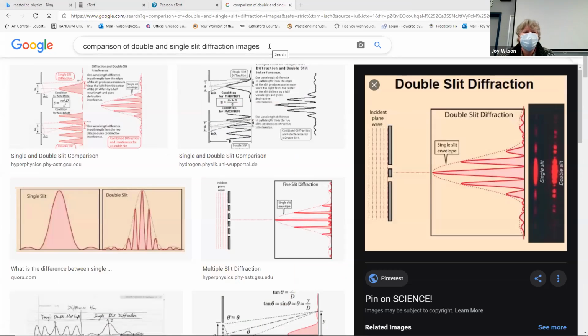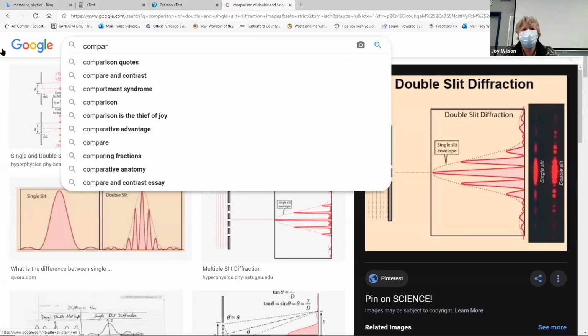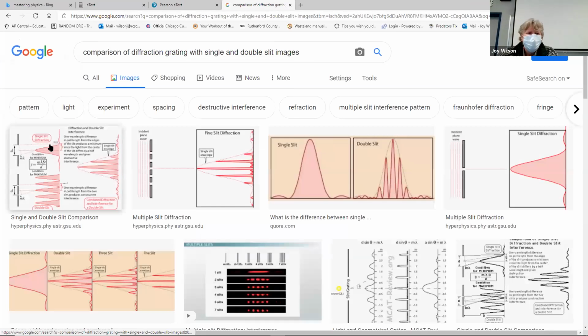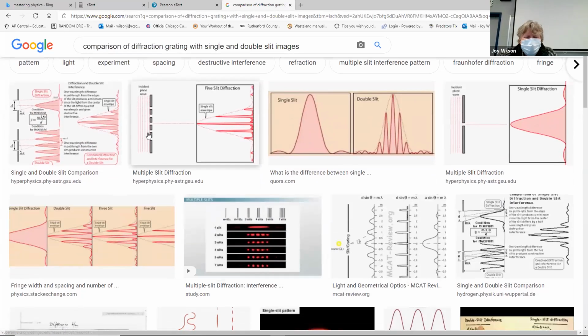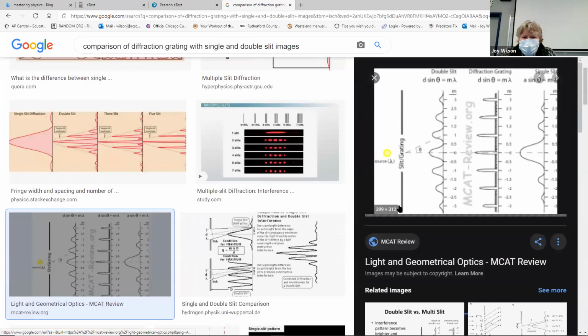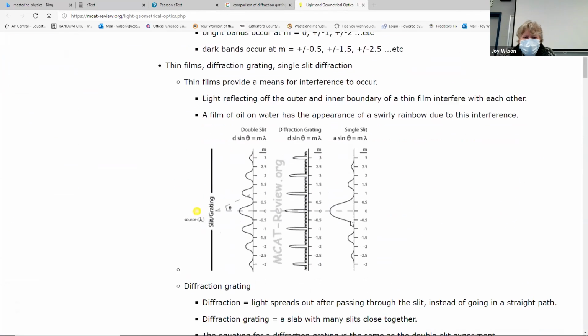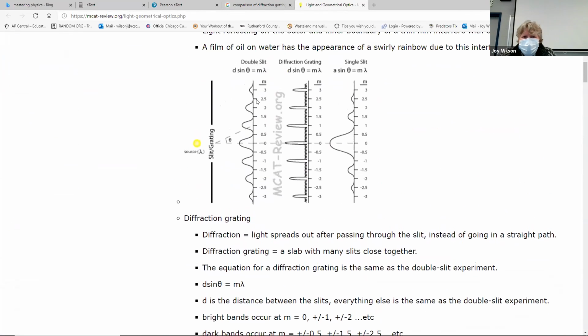So now let's look at comparison of diffraction grating with the single and double slit. So when you go to diffraction grating, it's going to look more like this. So the front one is your double slit.